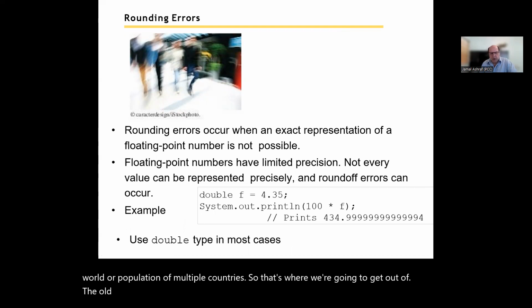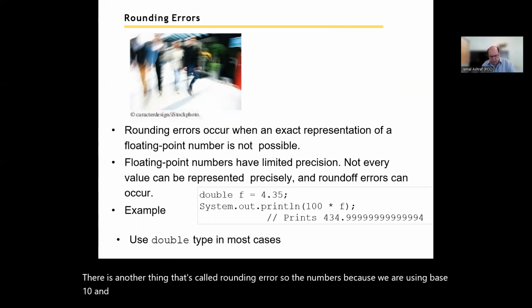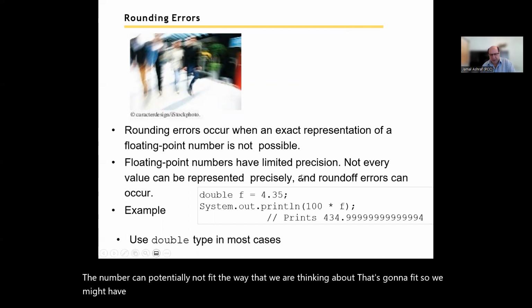There is another thing that's called rounding error. Because we are using base 10 and the computer is using base 2, the number can potentially not fit the way that we are thinking it's going to fit. So we might have some rounding error.